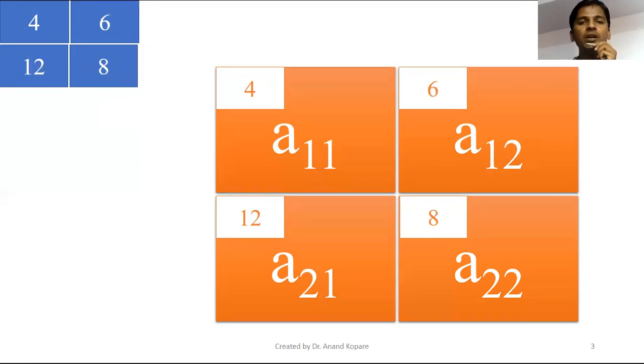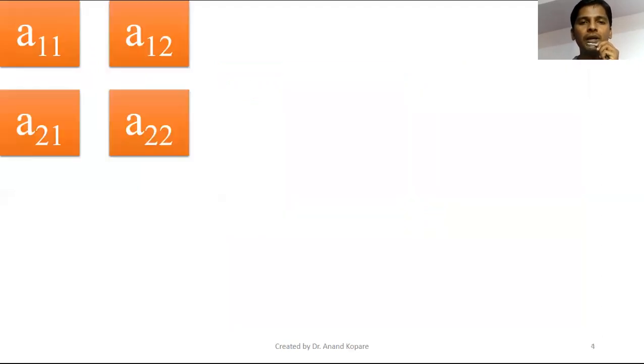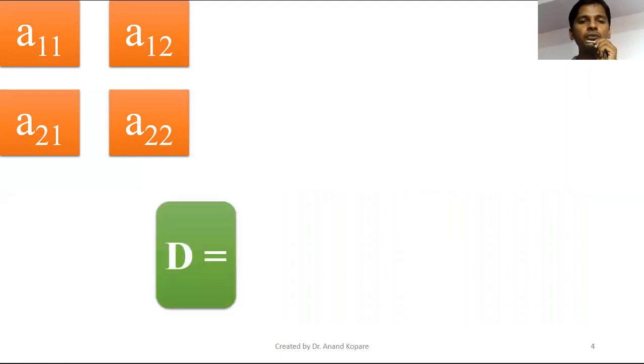By using these 4 quadrants, you have to prepare 4 formulas and find the value of each formula. Let us assume you have 4 values. By using these 4 values, you can find the value of D. So how do you find the value of D? Here is one indication. By using this arrow, you can prepare the formula for D. It means you have to use A11 and A22.